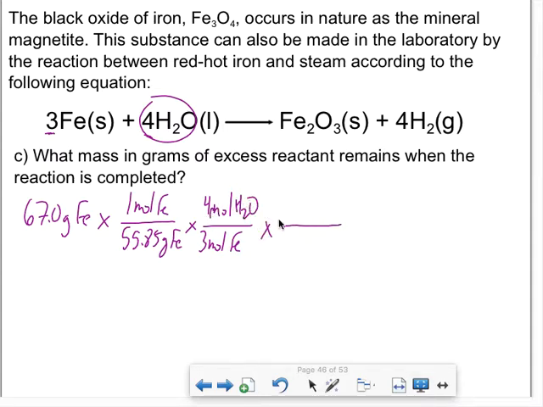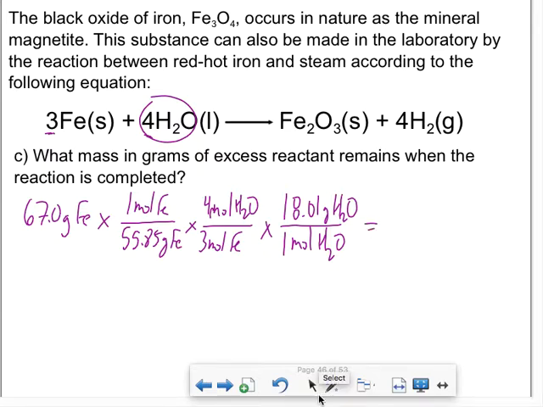Now I'm in moles of H2O, I've got to get to grams, so I will multiply by the molar mass. From 2 slides ago, when we started this problem, the molar mass of water, if I remember right, was 18.01 grams: 2 hydrogens plus 1 oxygen. Now I am set.